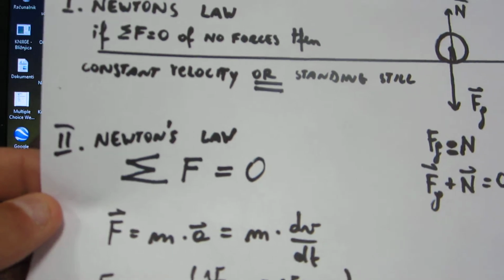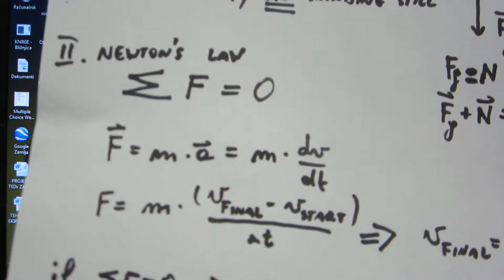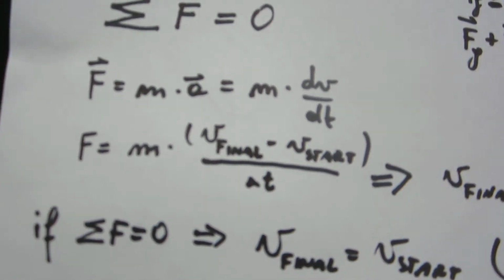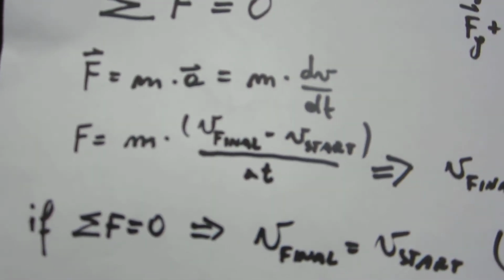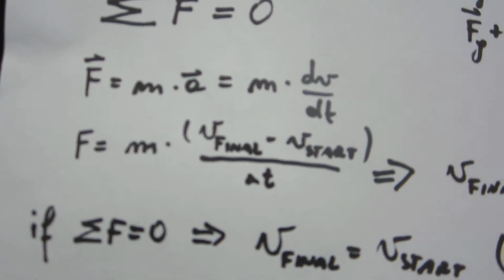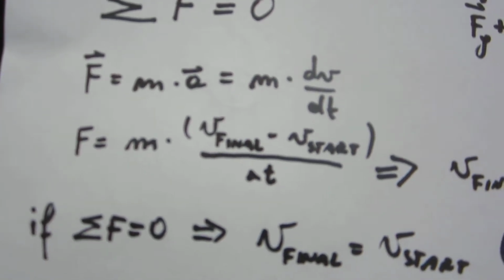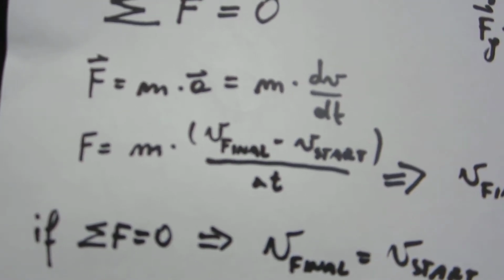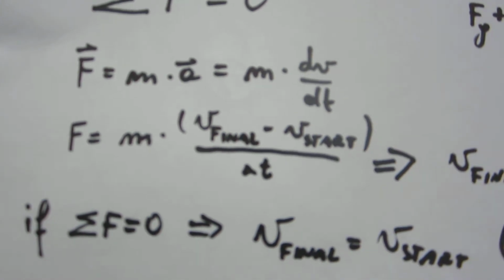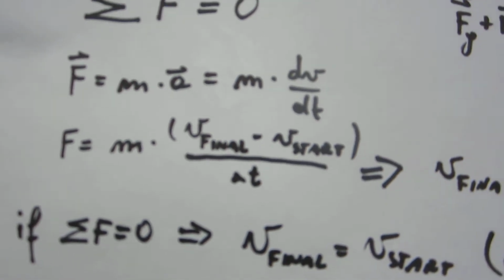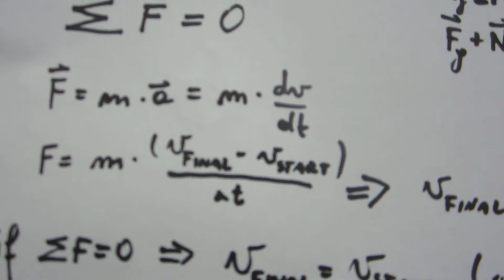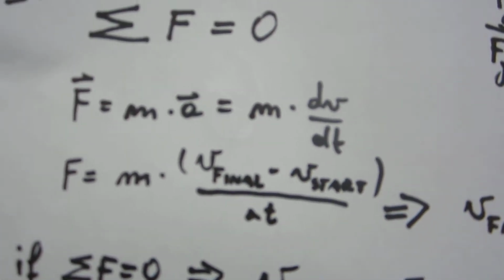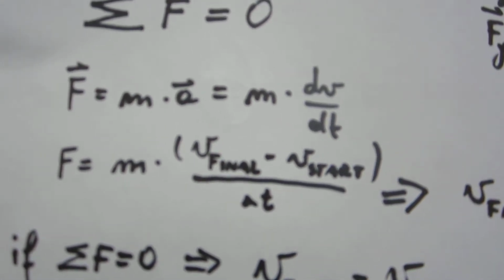With Newton's second law, F equals m times a. That means that acceleration is proportional to the force, or the sum of the forces, acting on a body. In our case, the sum of the forces equals zero, so there is no acceleration.